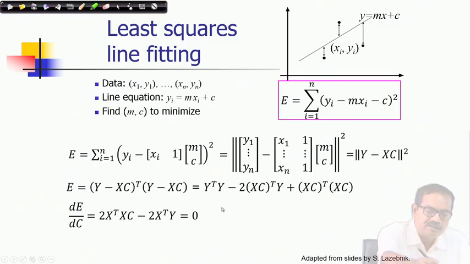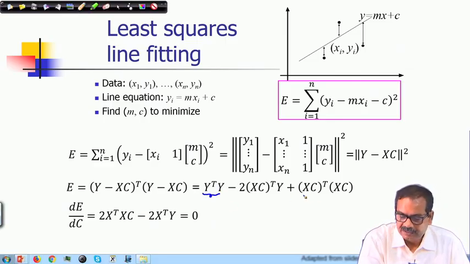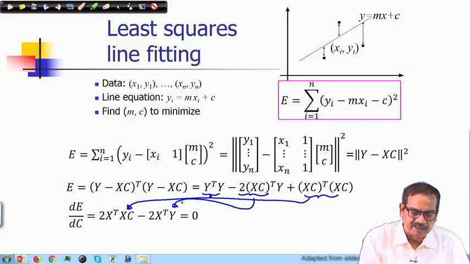As you can see here, this is not related to C, this is a kind of constant term. These are the terms which are related to C. So, from here you get 2 x transpose x C, and from here you get 2 x transpose y.